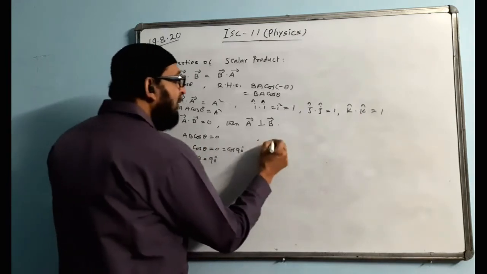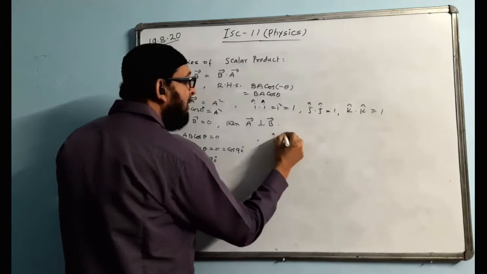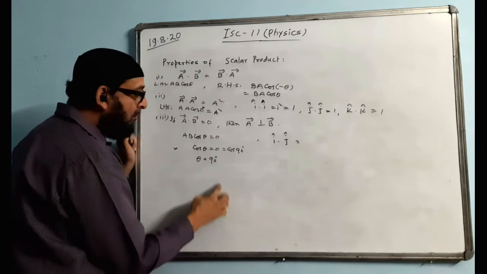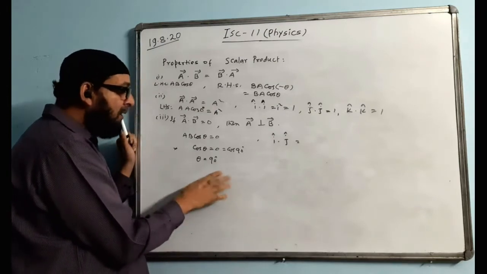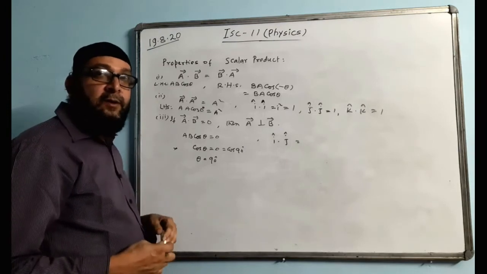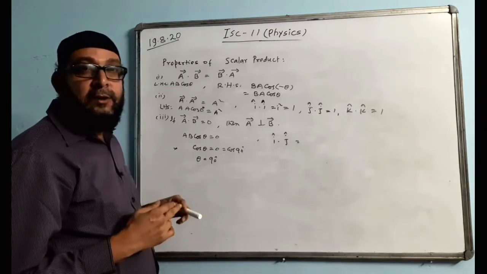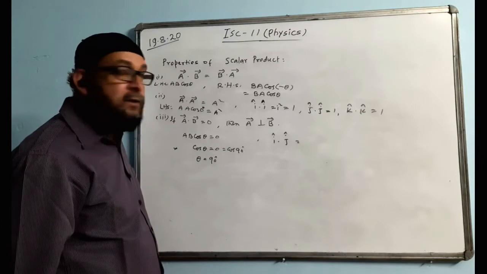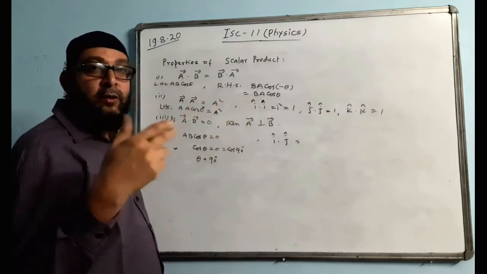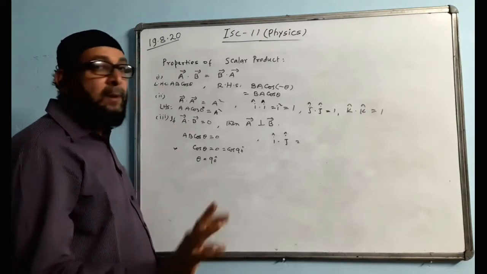Similarly, if we have I dot J, I is a vector along x axis, J is a vector along y axis. Angle between I and J is how much degree? 90 degree. Those two vectors which are inclined at 90 degree to each other are also called orthogonal vectors. So I, J, K, all the three of them are orthogonal to one another because each one is perpendicular to one another.